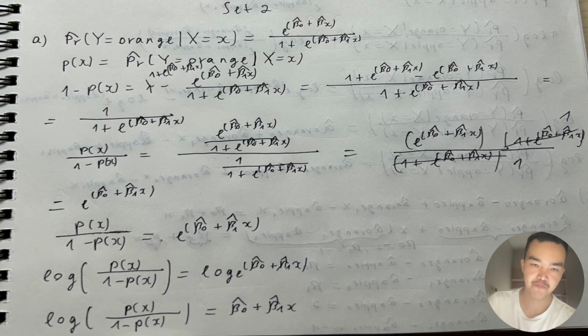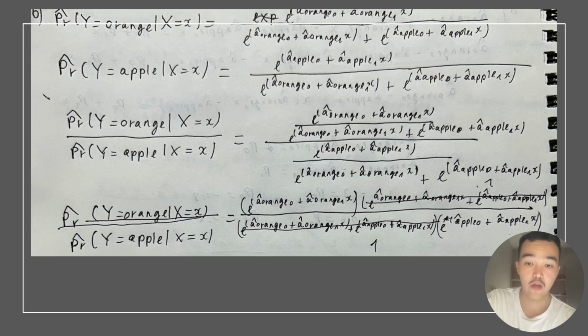Basically, in set 2 we have two models. In problem A, this is our model, and in problem B we have our friend's model, and we also need to find the log odds of orange versus apple.